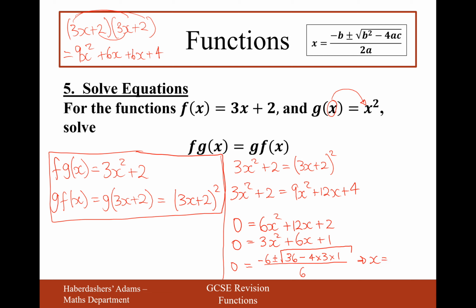So I'll just reach for my calculator and type them all in now. So fraction button, minus 6 plus root 36 minus 12 over 6, and I get an answer of minus 0.18, and then there's plus or minus, so I need the minus solution now.